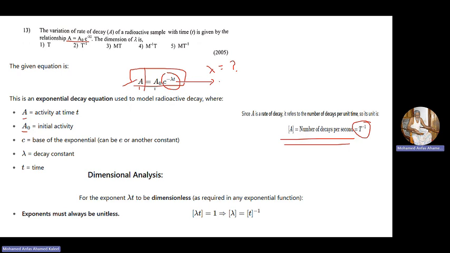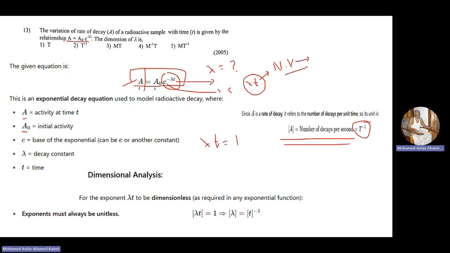It is dimensionless. e is a constant, and lambda t is a variable, but it is still a numerical value, and a numerical value doesn't have dimensions. So lambda t is dimensionless.